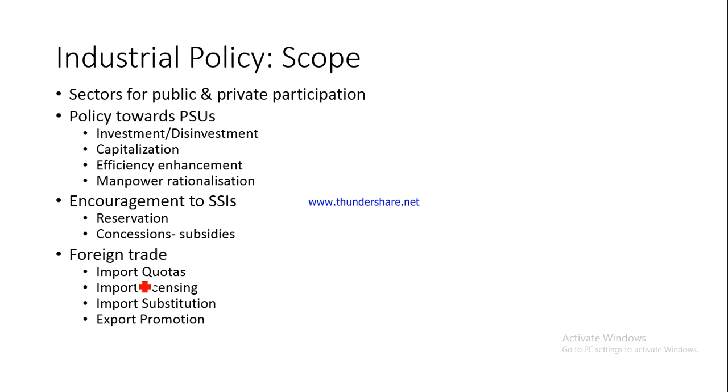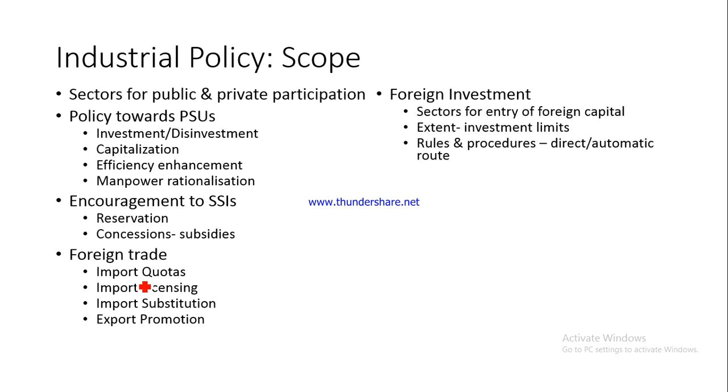For example, there could be export subsidies, or the export duty entitlement scheme, which already exists in India. You can also sponsor export organizations to various conferences in foreign countries so that they can go to those conferences and trade fairs, display their wares and bag orders from foreign countries. All these things are covered by industrial policy under the foreign trade head.